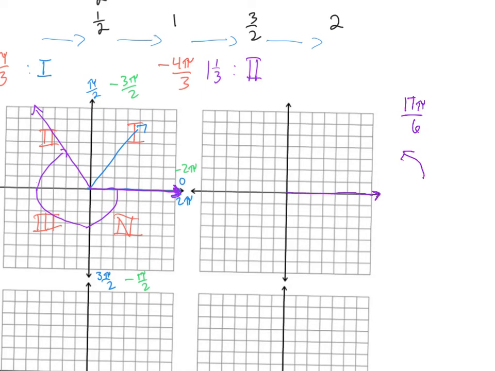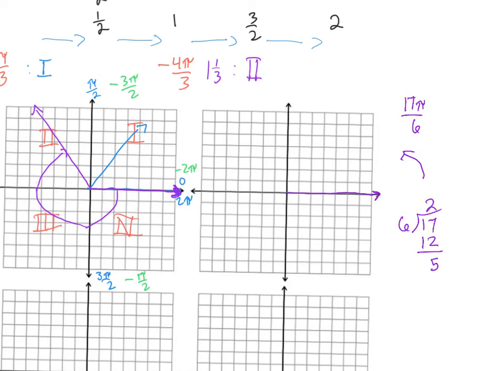17 over 6. Let's see how many sixes that is. If I did 17 divided by 6, there are 2, right? 12. 17 minus 12 is 5, so 2 remainder 5.